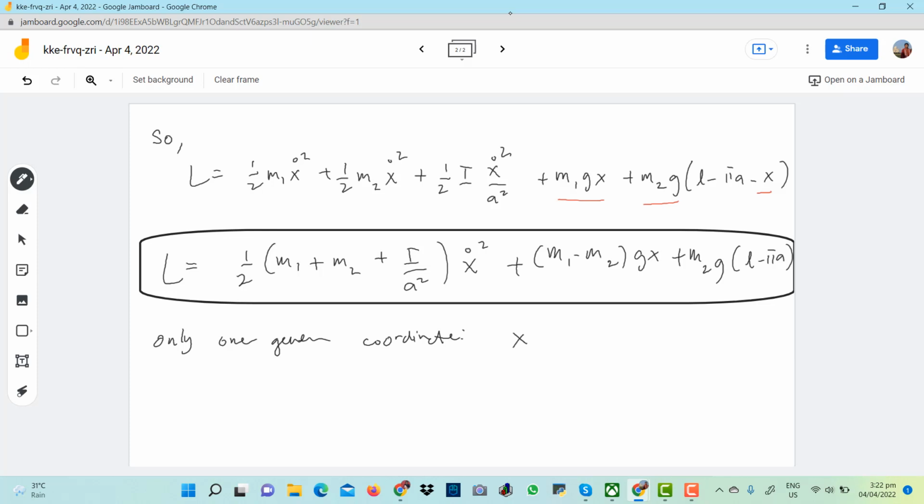So therefore, I have the Euler-Lagrange equation, d/dt of partial L partial x dot minus partial L partial x equals 0.